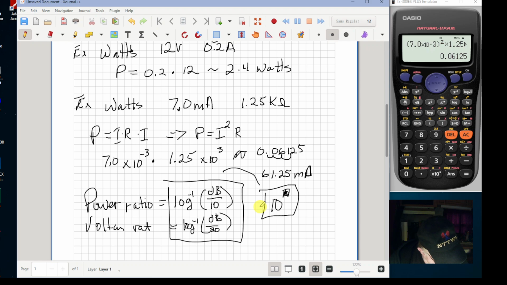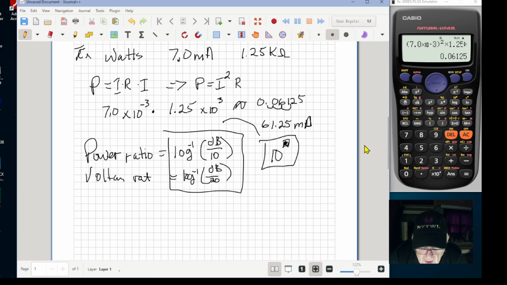Okay. Let's see here. I'm just reading at the bottom of the book. Sorry to be so long here. A very useful value to remember is that any time you double the power or cut it in half, there is a 3 dB change. And this is actually one of the questions on the test.